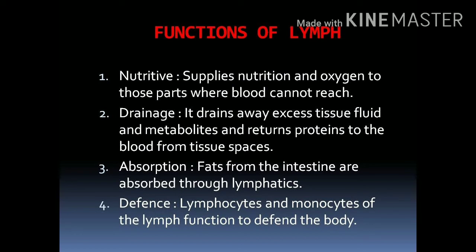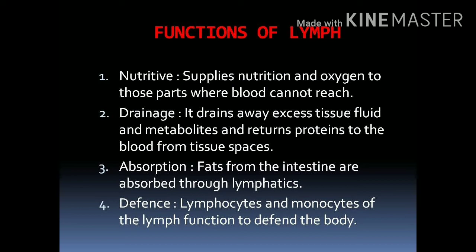It drains away excess tissue fluid and metabolites and returns proteins to the blood from tissue spaces. So, whatever the excess tissue fluid is there, or metabolic waste materials are there, or some of the proteins are there, it again returns into the blood from these tissue spaces.